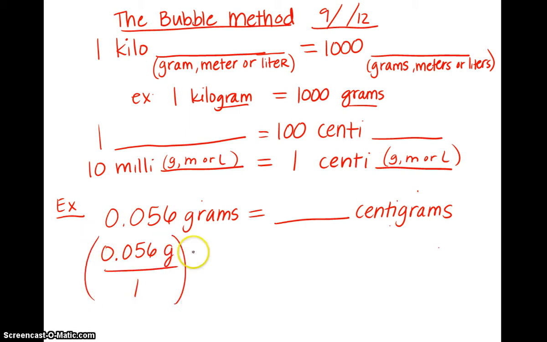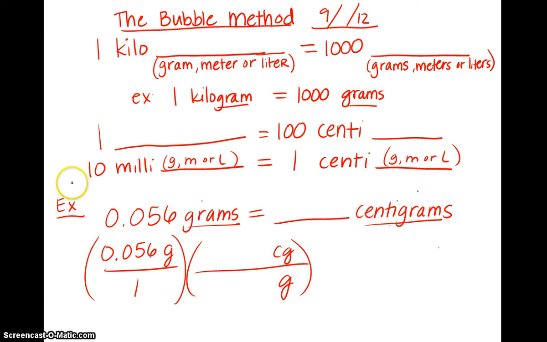Stick it in a bubble, add my next bubble. Grams, we want grams to go away. We want centigrams, so grams I'm going to put diagonal there. Centigrams I'm going to put here. Now I have to make the top and bottom equal.